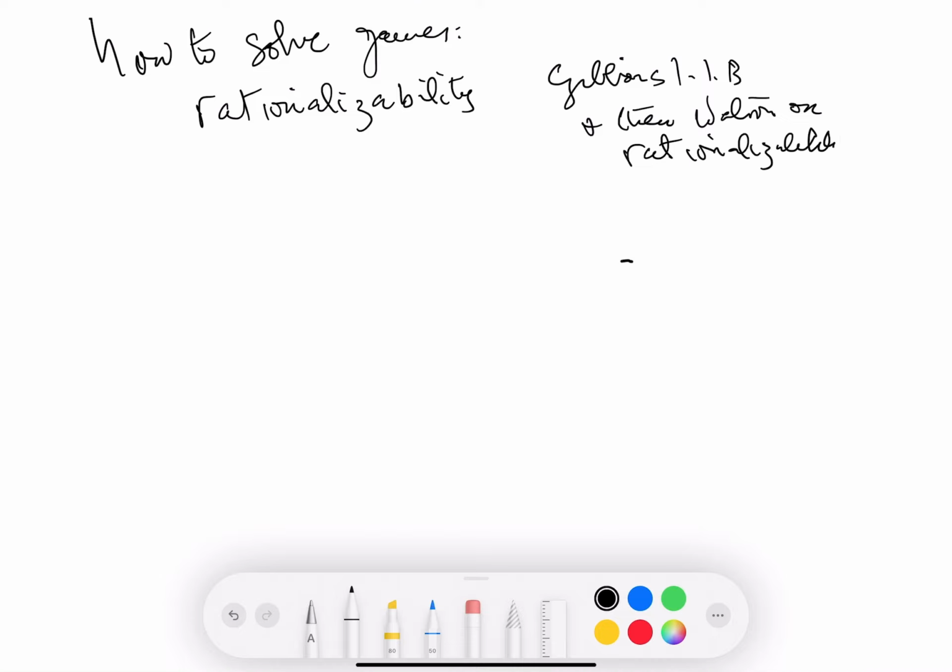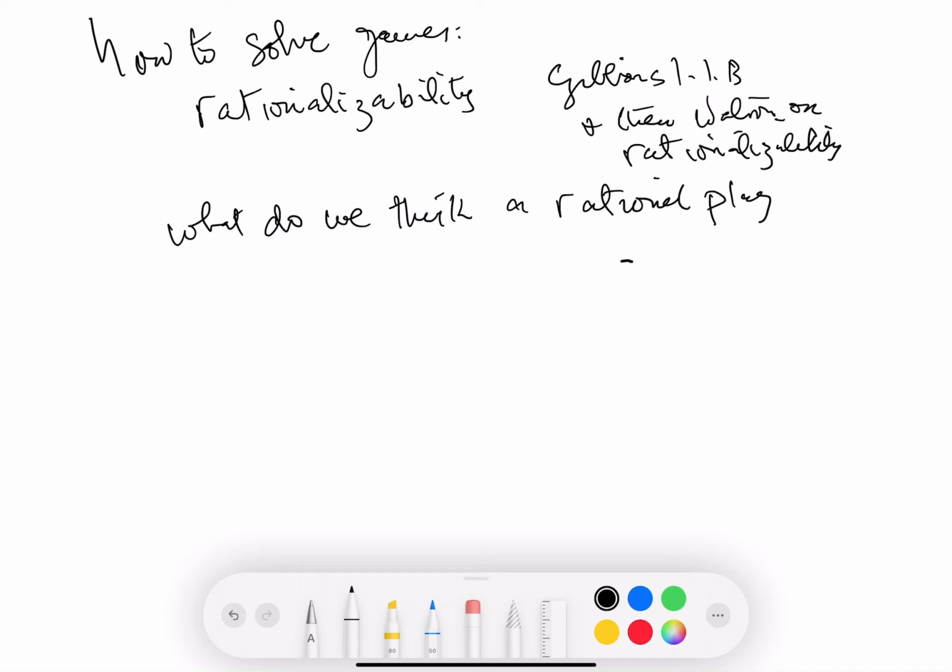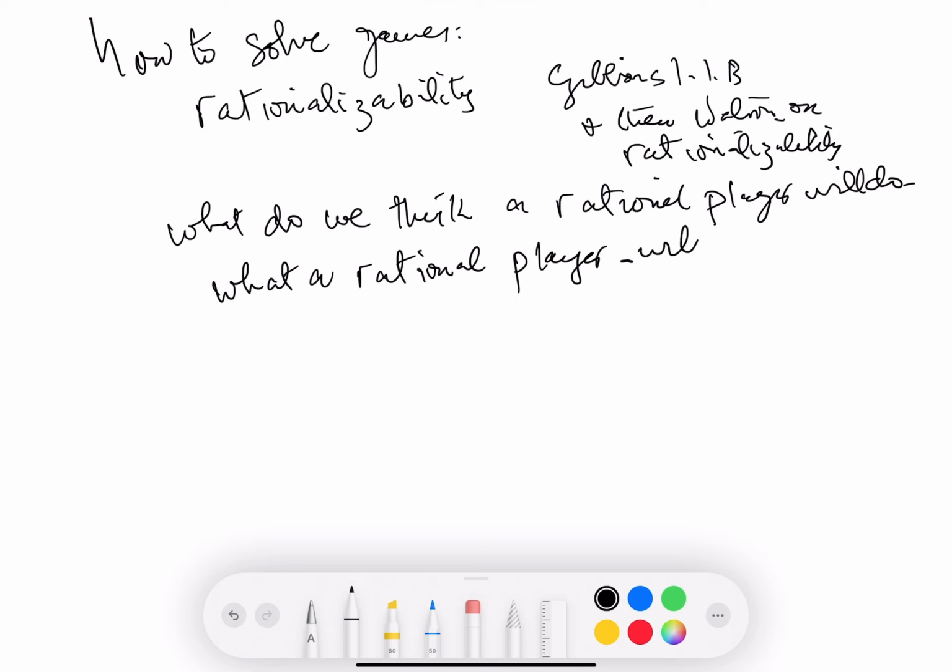And what is driving us is, what do we think a rational player would do in a game? But sometimes it's actually easier to say, not what a rational player would do, but what a rational player will not do.